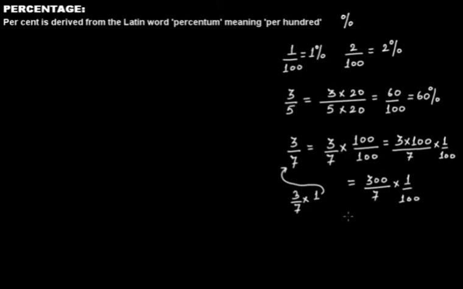Now, if you divide this, 7 times 4 is 28, then 2 carry over, 20, 7 twos are 14 and 6, yes, you get 42.8 something times 1 over 100.